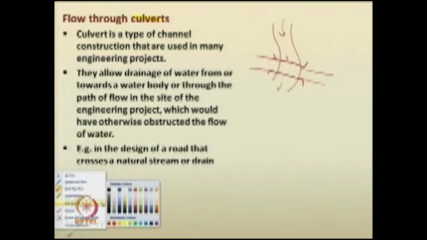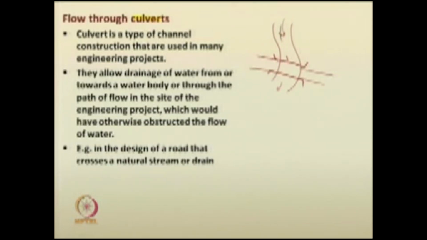If you build a road along this direction through an embankment, this would have completely blocked it. Even though the natural drain width may not be that much, it is still draining to some water body, or to a river or to a main channel.